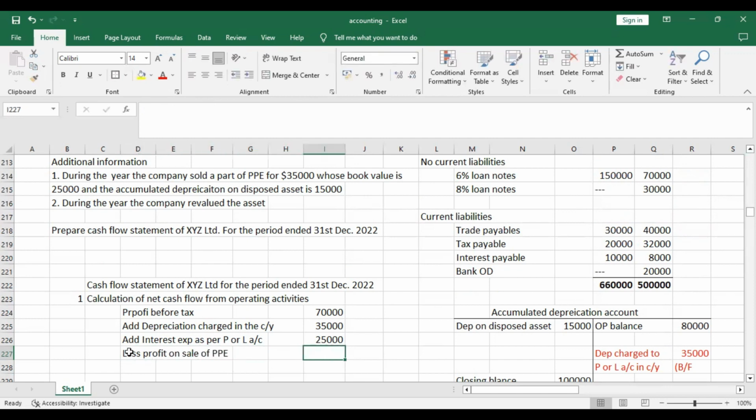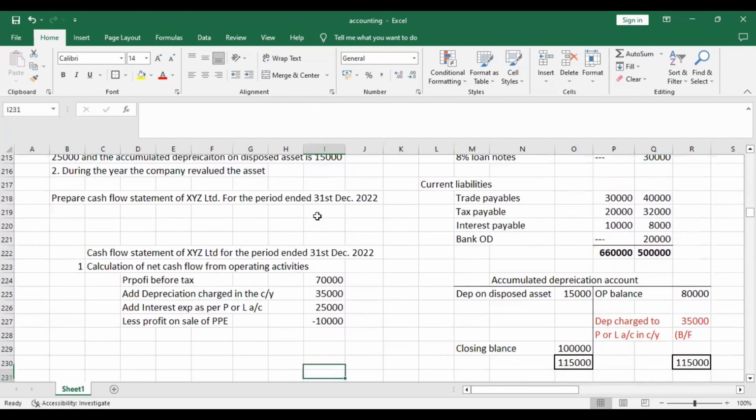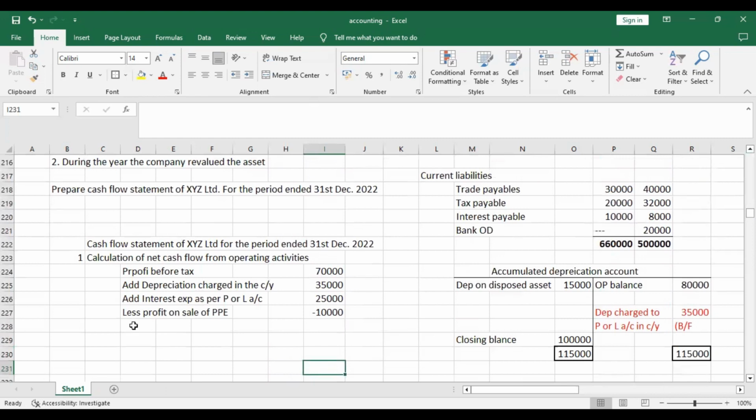10,000. Minus 10,000. At the same time, in the current year, they also have dividend income of 5,000. That is also not relating to your operating activity, so you must reduce it. So less dividend income.